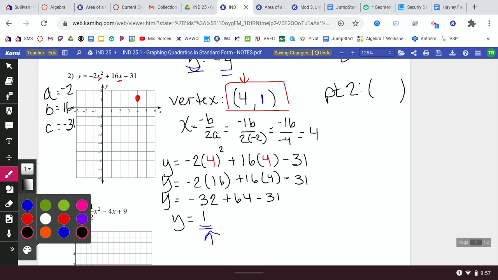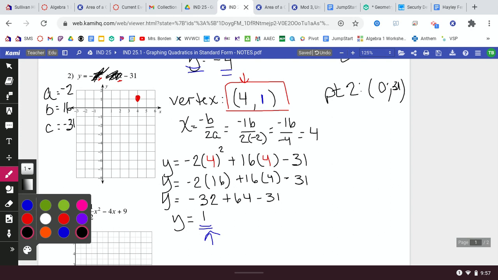Now, here's where I was talking about earlier. I'm going to try using 0 for my x, and then I'm going to show you it doesn't work, and then I'll erase it. When that goes to 0 and that goes to 0, I'm left with negative 31. And that is a point on this graph. It is a point on the quadratic. It's a valid point. However, it is way off my graph.